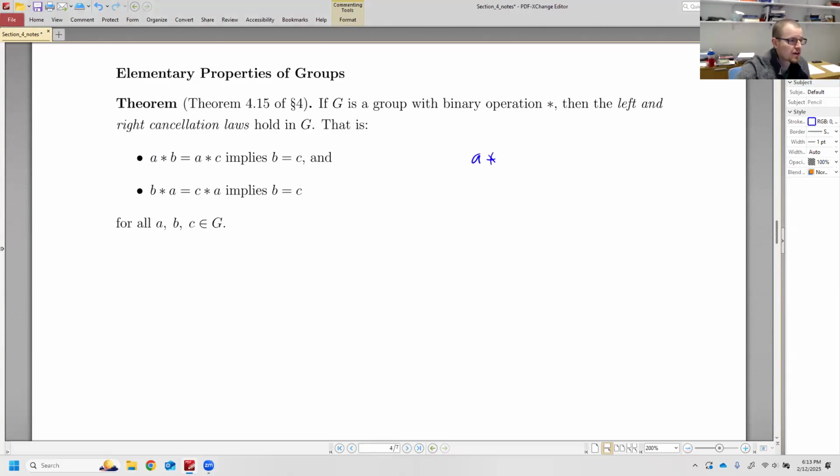If we were to have A star B is equal to C star A, this does not necessarily imply that B is equal to C. The problem here is if I multiply both sides by the inverse, A prime star A star B is equal to A prime star C star A. We have a simplification, so we get B is equal to A prime star C star A. So think about it, under what circumstances do we get that these cancel out?